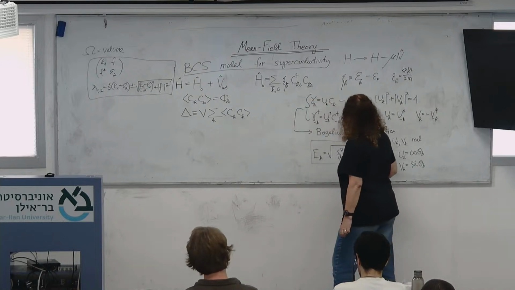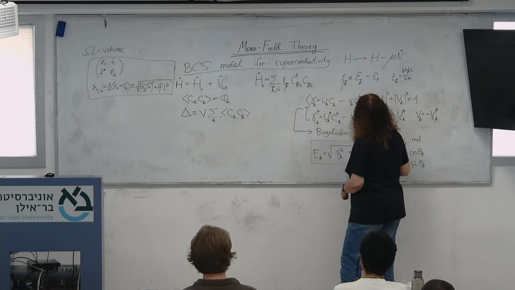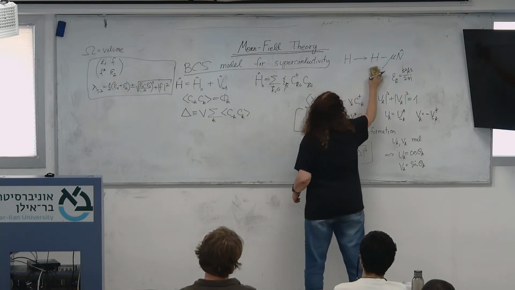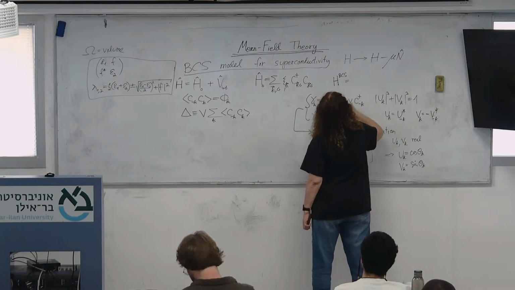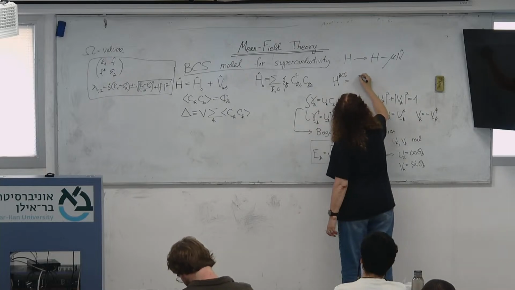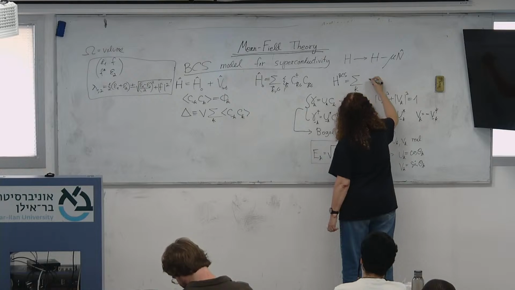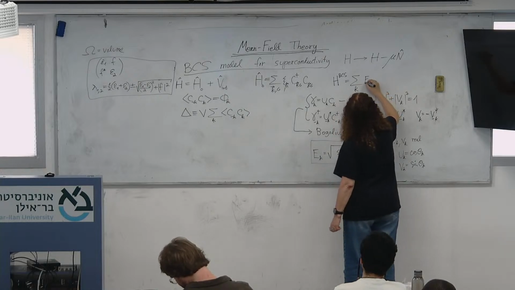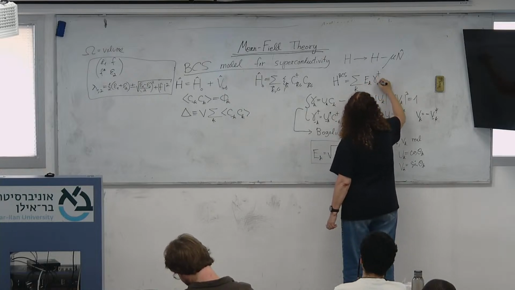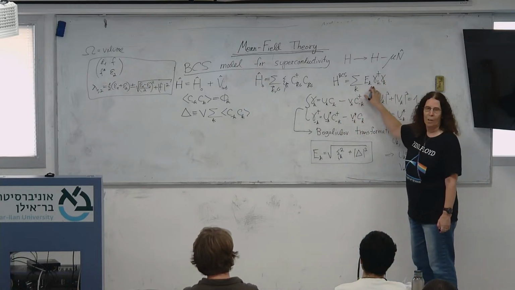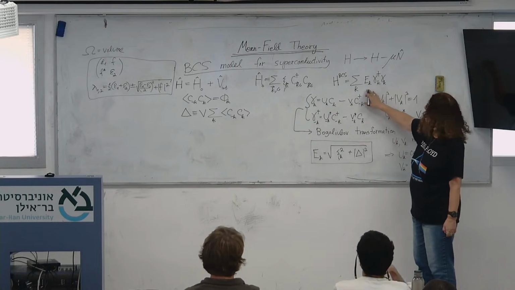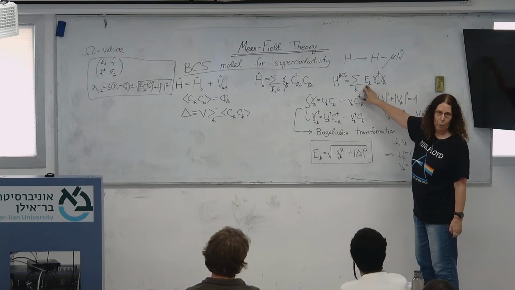And in particular, in terms of the new particles, let me just write again what I erased. H_BCS can be written, up to a constant, as just the sum over k, ek, gamma dagger k, gamma k. Okay, so it looks like free particles, but the energies are ek.